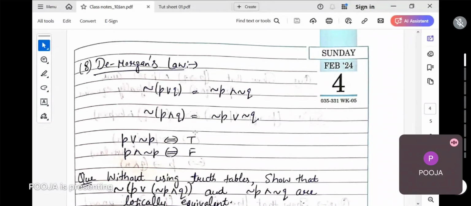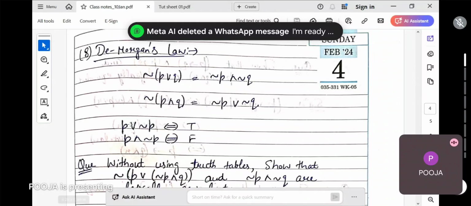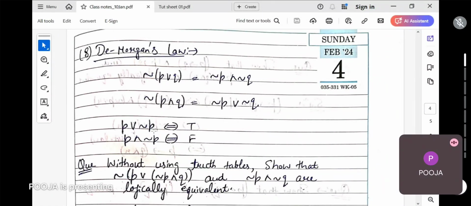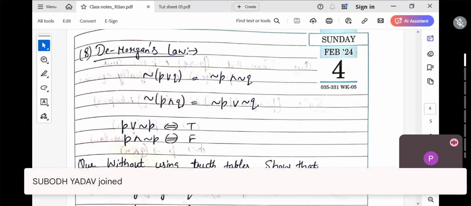So this is De Morgan's law. Then, if you take the disjunction of P with negation P, it will be true. The conjunction of P and negation P is always false.